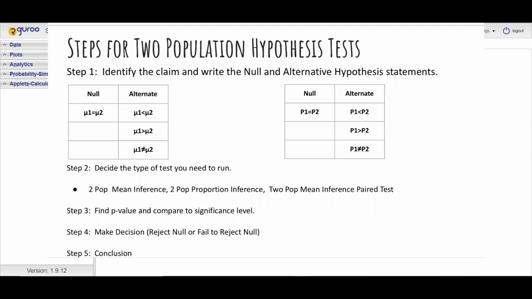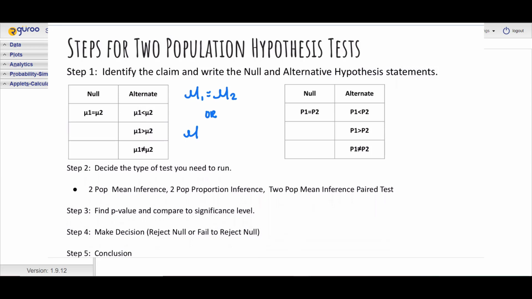Now, you can also replace those numbers with something else. Normally you write it like this: mu1 as a subscript equals mu2. But let's say we were doing the mean of the heights of women, and we're comparing it to the mean heights of men.